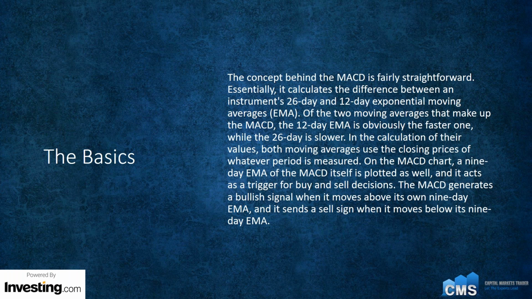Let's start with some common sense. Let's stop thinking about a Forex chart and think about the difference between a 12 period and a 26 period moving average. If I look at something that happened over the last 12 days or 12 hours, whether it's a movement on a chart, how many cars passed my house, or how many dogs barked, I would take the last 12 periods, add them together and divide by 12.